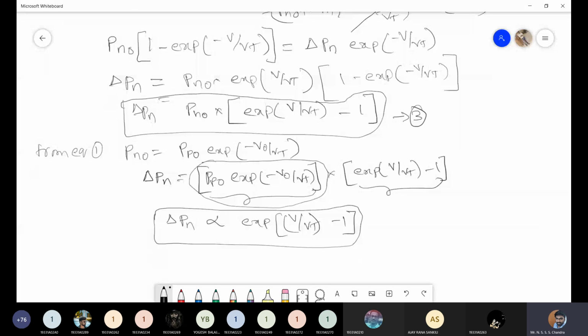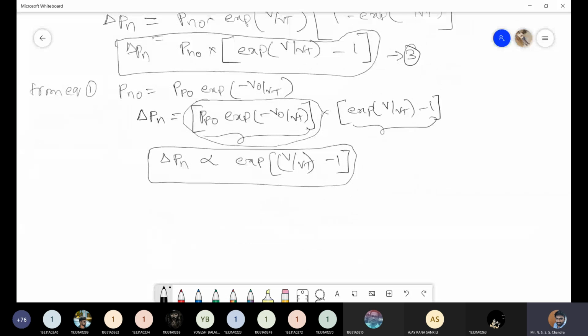And now your entire hole current, Ip, is proportional to your change in holes in the N side. Okay, your overall change in the minority charge carriers on the N side.